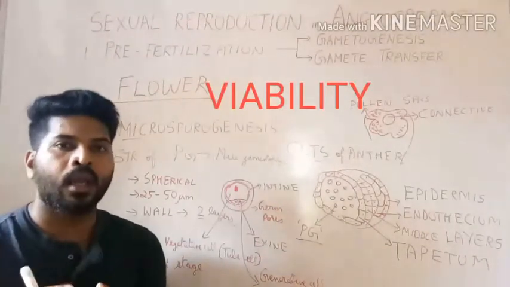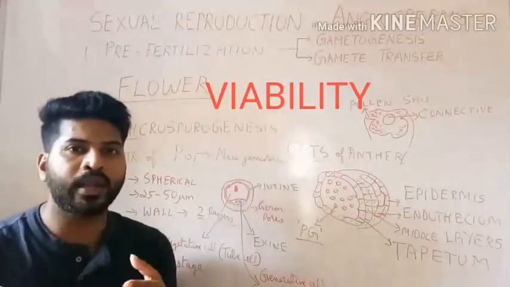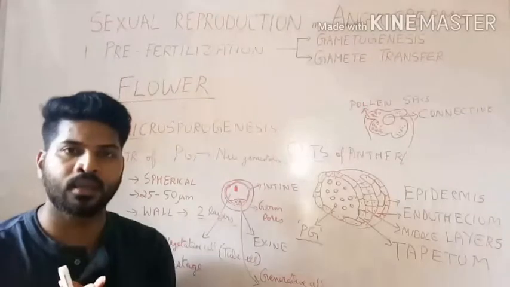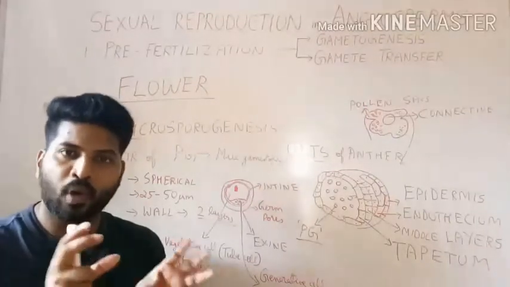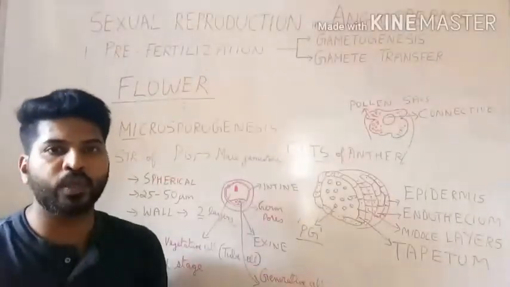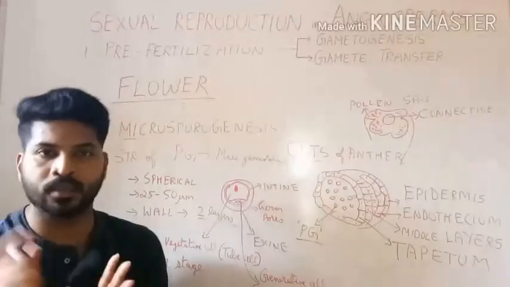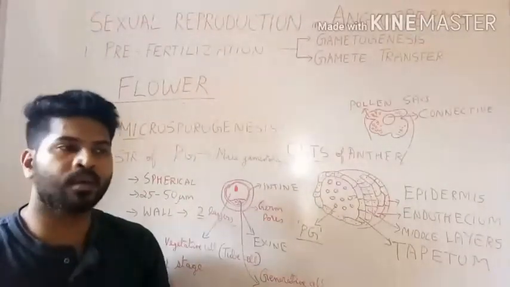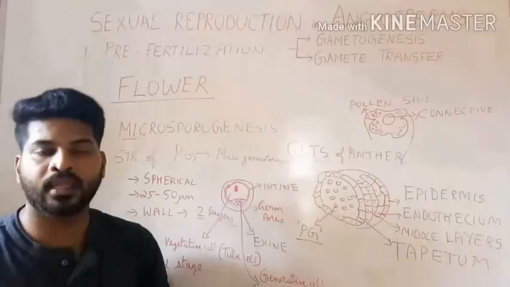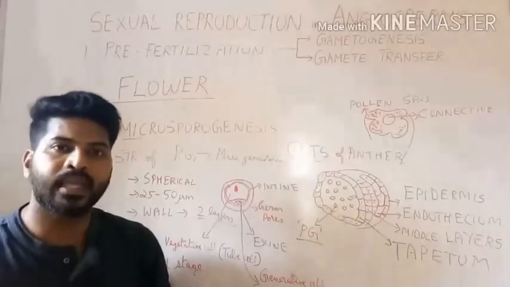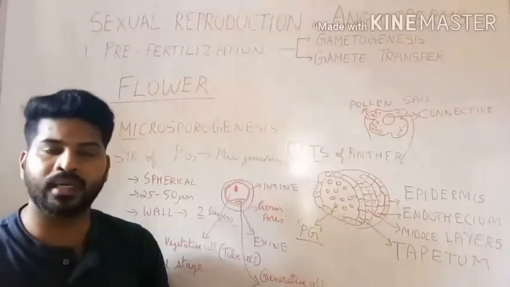Viability means how long it is going to remain active, meaning how long the pollen grain will be able to produce a pollen tube. Some pollen grains, for example in cereals like rice and wheat, have a viability of roughly 30 minutes.